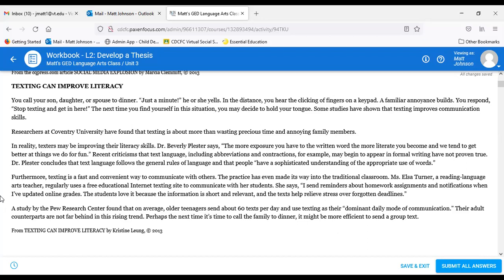So what kind of rhetorical element is in play here? Do you all see the bandwagon element here? So she says stuff, she's kind of inferring, well, maybe you should start calling your family to dinner with text. And the Pew Research study says older teenagers are sending about 60 texts per day and using text as their dominant daily mode of communication.